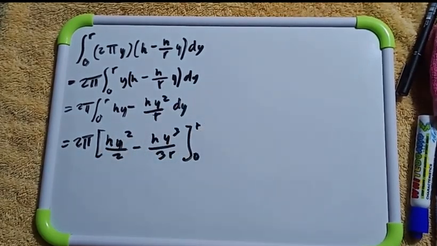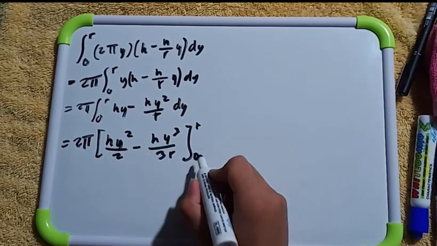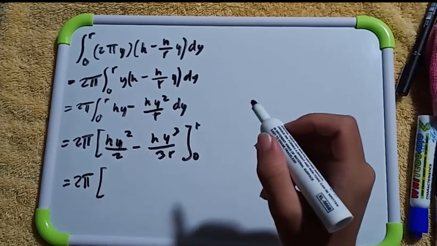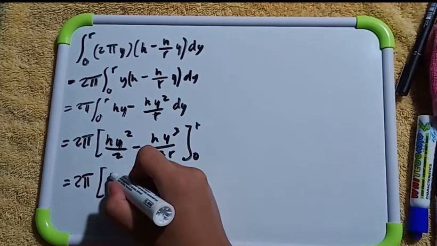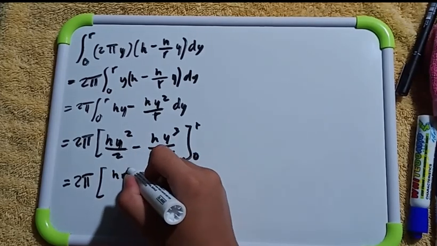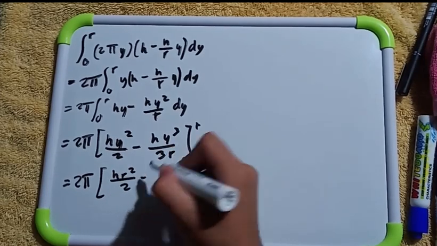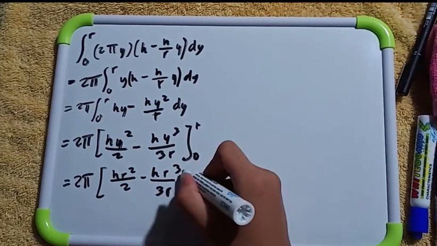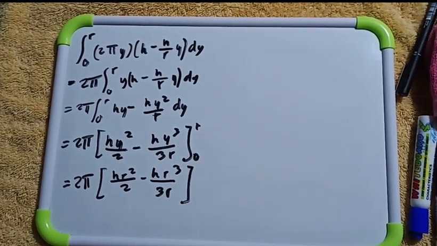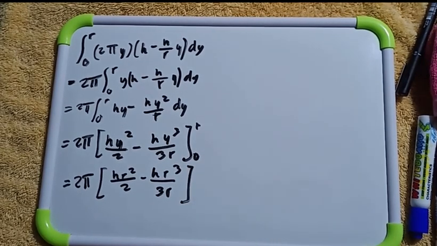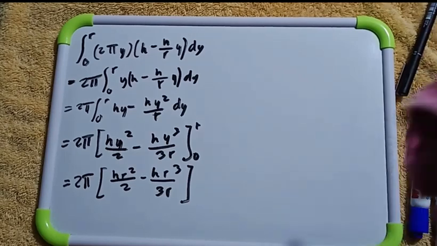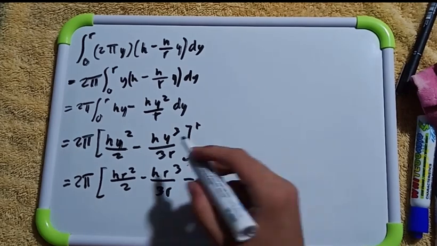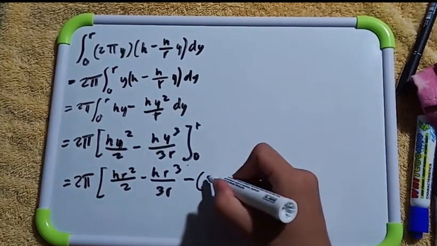Yun yung limits natin. And then, substitute lang natin yung ating limits. Magiging 2 pi, r, which is r squared all over 2 minus r cubed all over 3r, minus, so 0 na lang yun. 0 na yan.